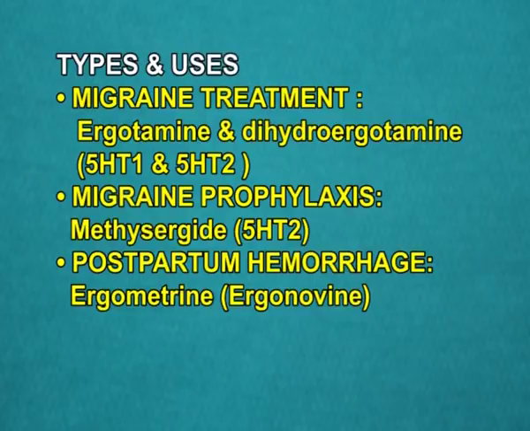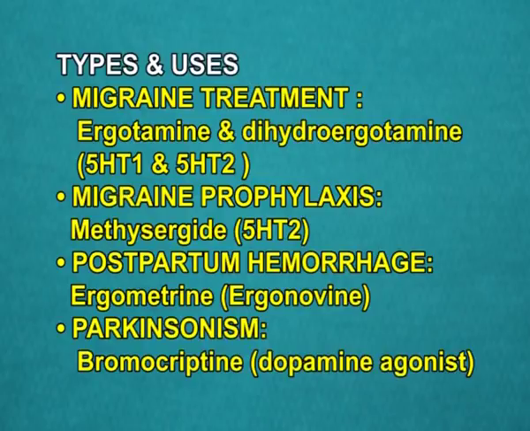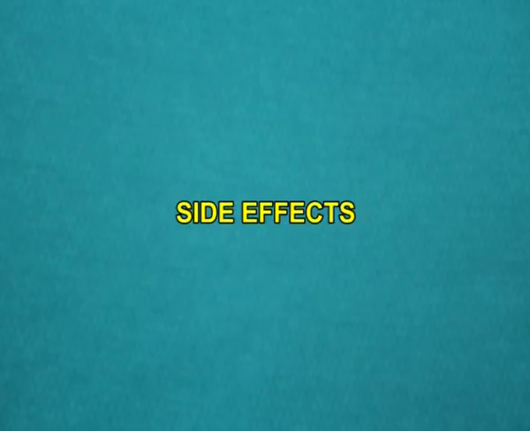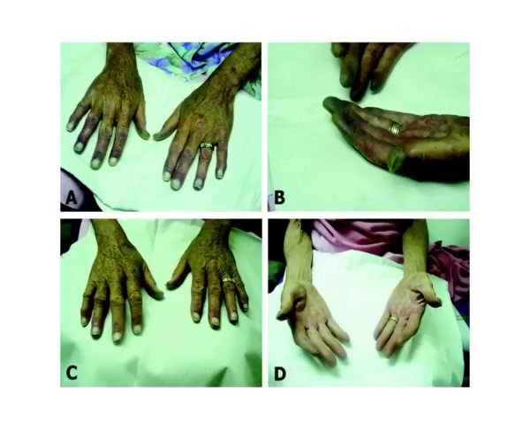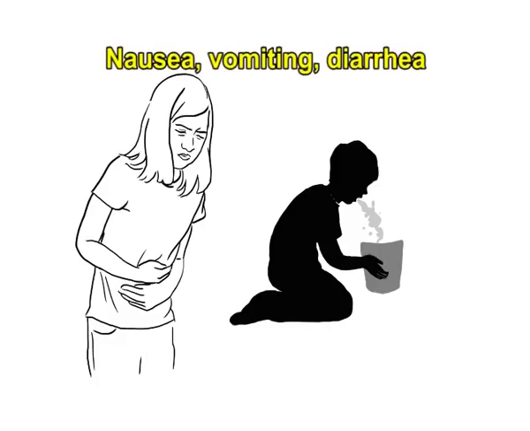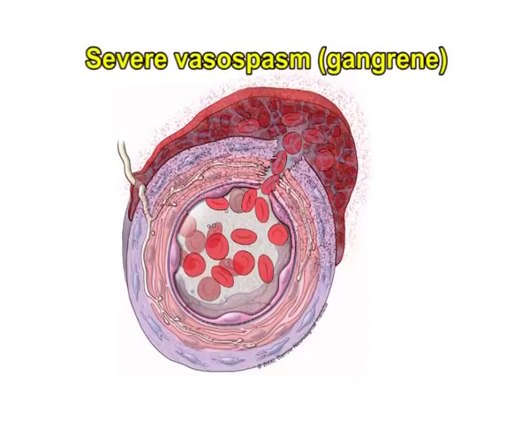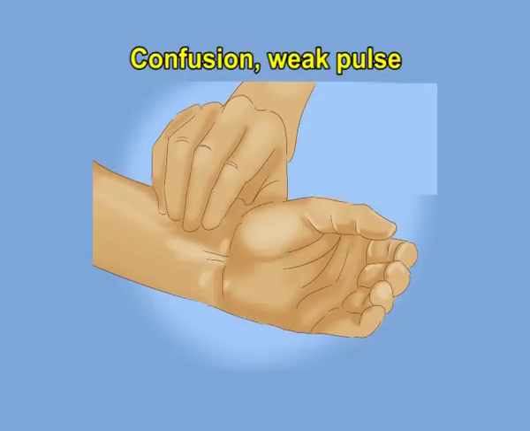Postpartum hemorrhage: ergometrine and ergonovine. In Parkinson's disease, we can use bromocriptine as a dopamine agonist. Now we are discussing the side effects. A condition called ergotism may include the symptoms nausea, vomiting, diarrhea and severe vasospasm, gangrene, confusion and weak pulses.